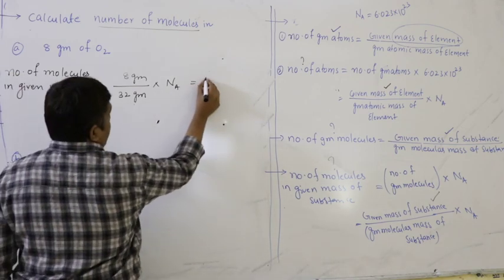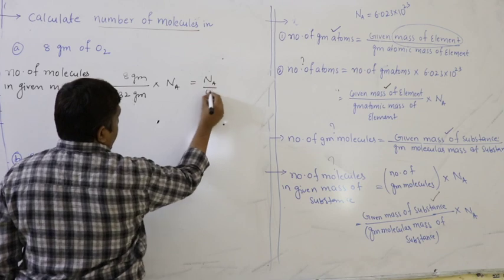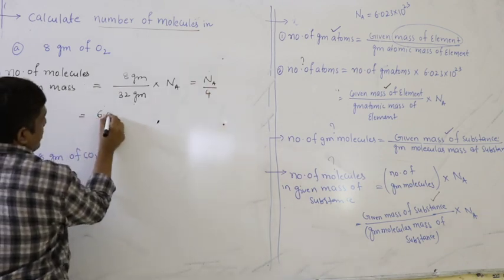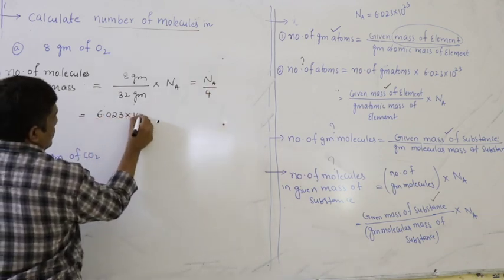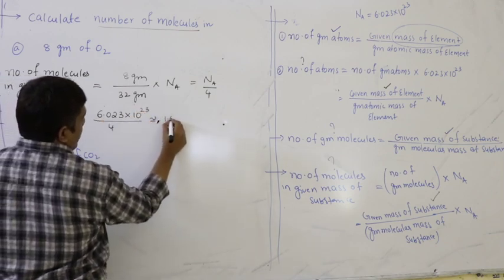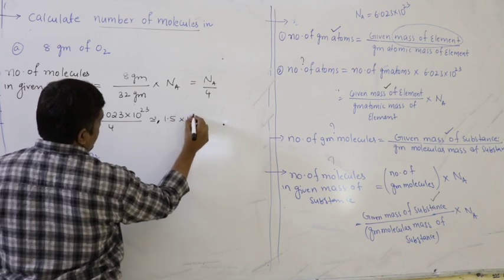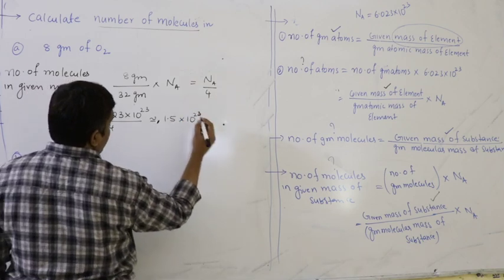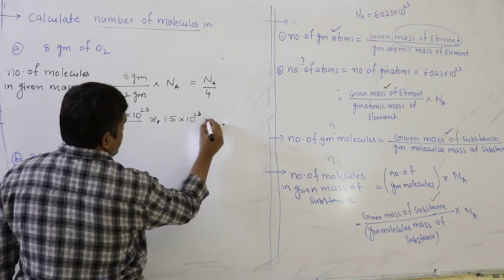So here you will get NA by 4, or 6.023 into 10 power 23 by 4, approximately 1.5 into 10 power 23 molecules.